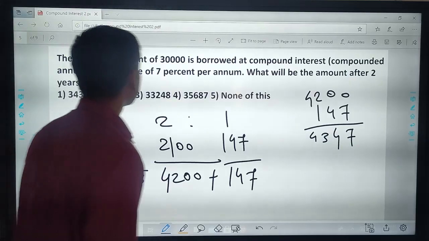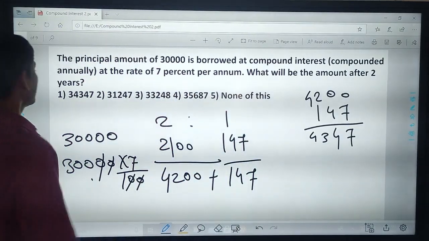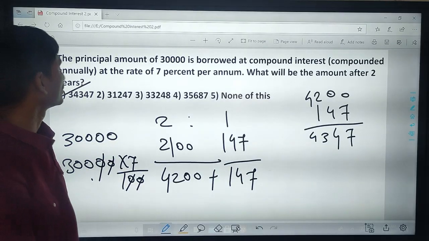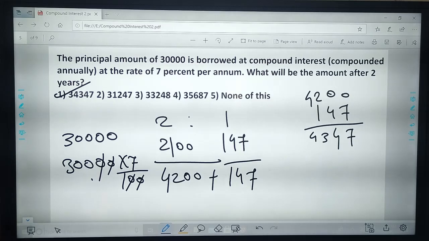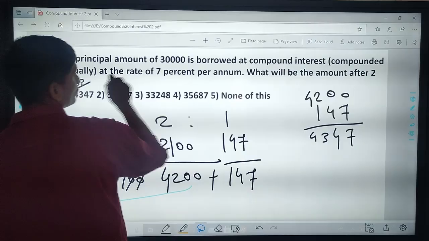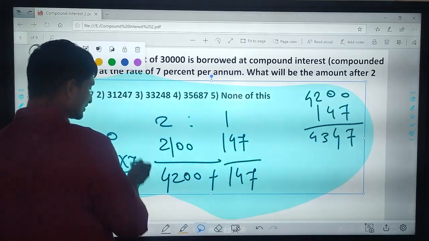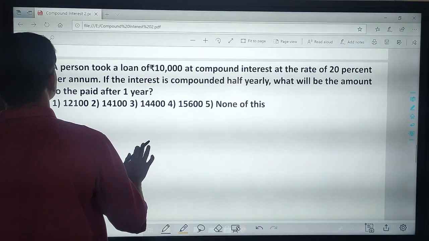If you add this interest to 30,000, we get 34,347. This is your amount. This method is simple for calculating the interest.